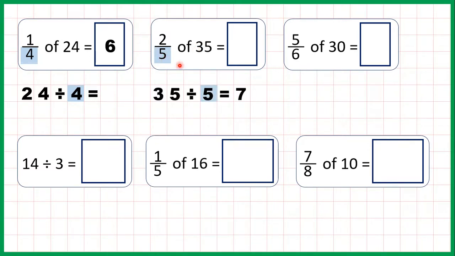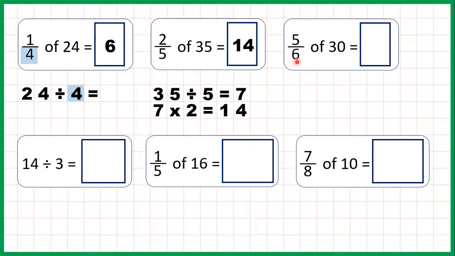So dividing by the denominator, that gives us 7, but then we need to take that 7 and multiply it by 2, so multiply by the numerator, and that gives us our answer 14. The way I remember this is divide denominator, then times top.